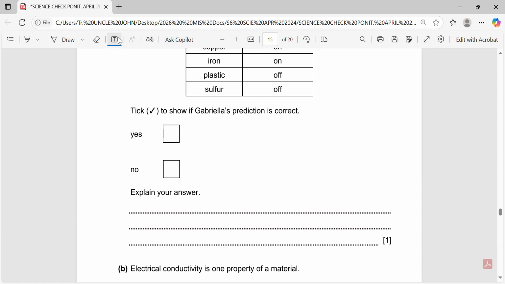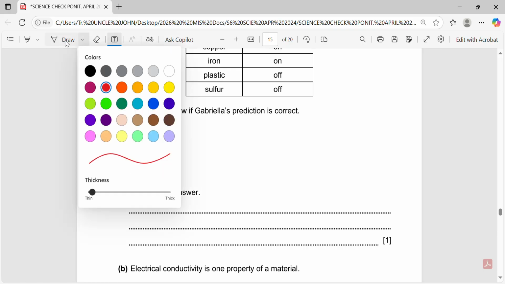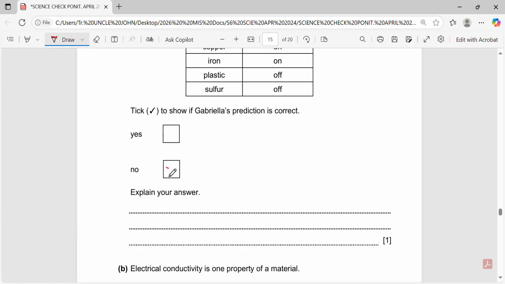Yeah, Gabriela is not correct. We put no. Then explain your answer. The explanation is that you cannot say Gabriela is correct, so she's not correct, because if all conduct, the lamp will be on every time.